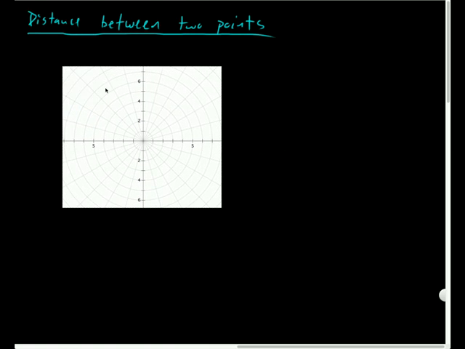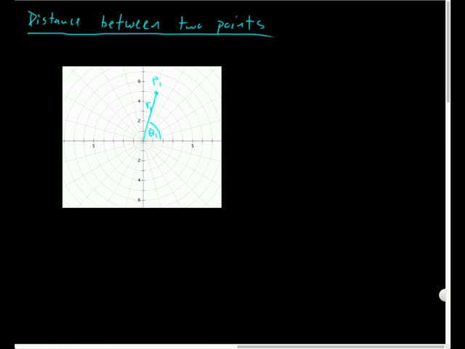So let's consider if I have this point right here is point 1, and this point is some r number of units away at some angle theta. I'll call it theta 1 and r1, right? So there's my first point.